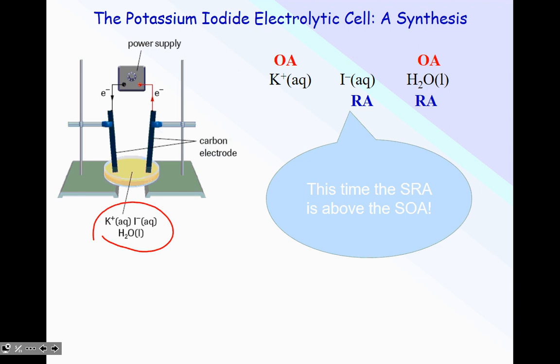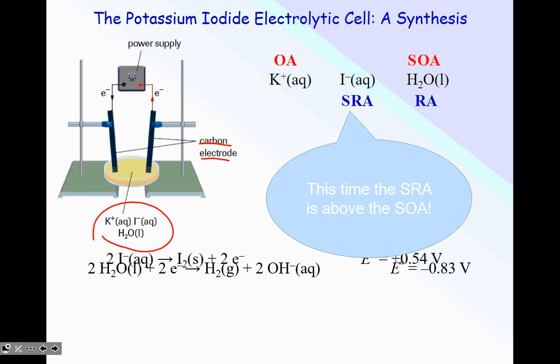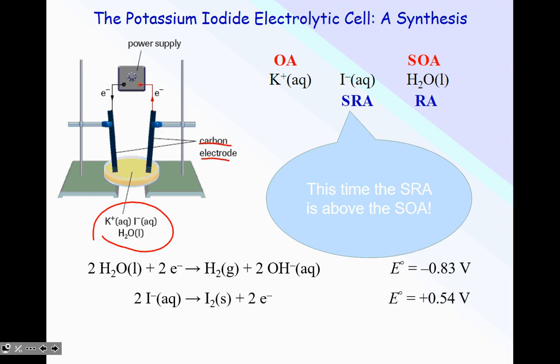And we realize that in this case, these are carbon electrodes, so they're not metal, right? So they're inert electrodes. We have to decide what our SRA and our SOA are, and let's take a look at what's going on.